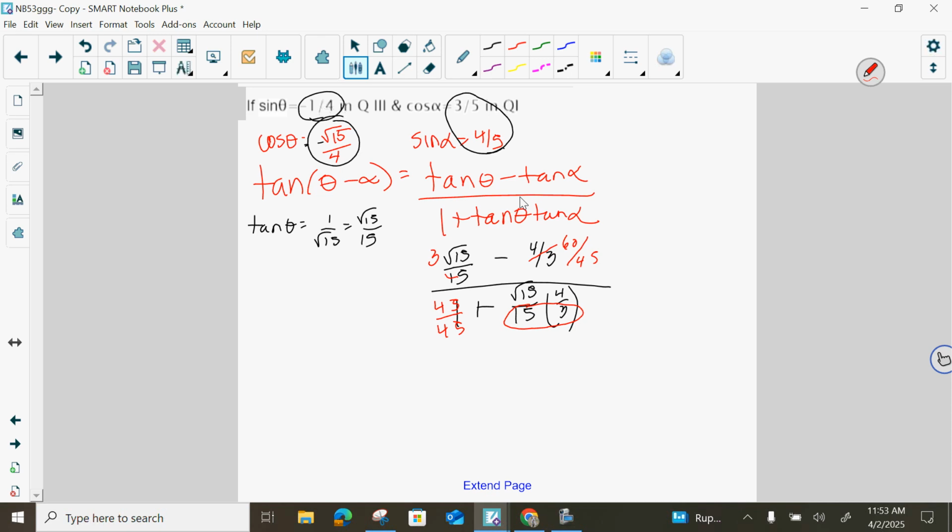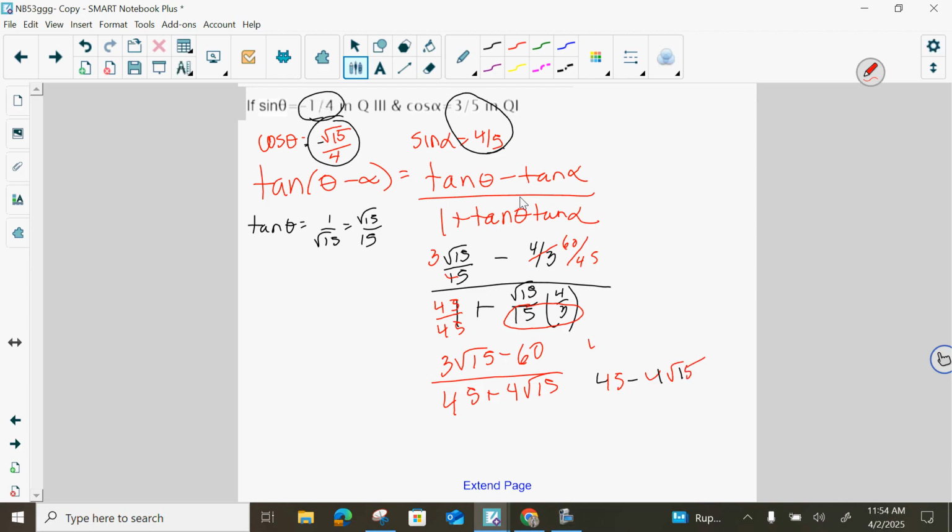This is the place people mess up. 3 rad 15 minus 60 over 45 plus 4 rad 15. Is that okay? What do I have to do? Rationalize?